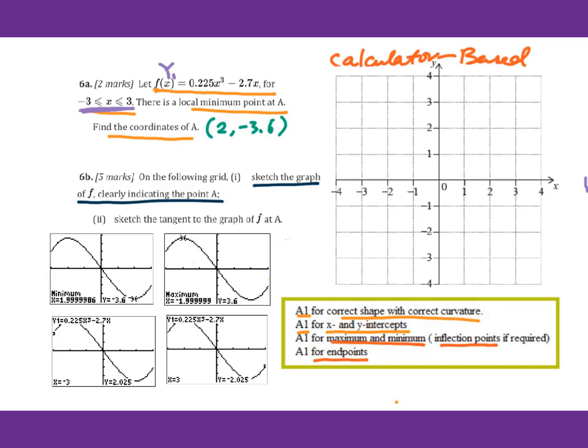So for this graph, we know the intercept will be 0, 0. The minimum is 2, -3.6, and a maximum will be -2, 3.6.